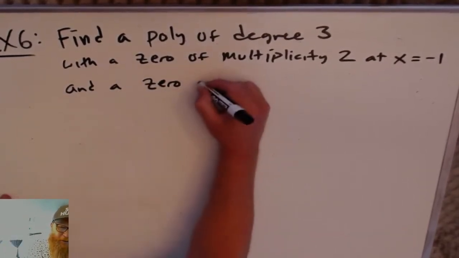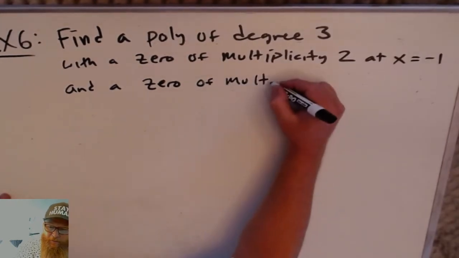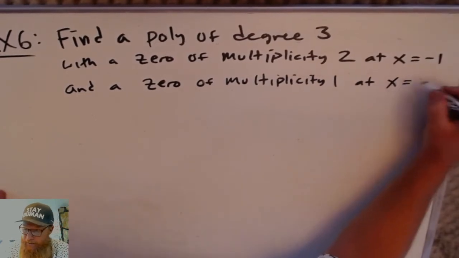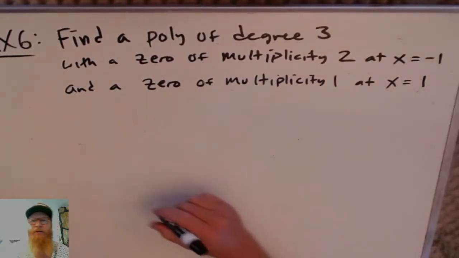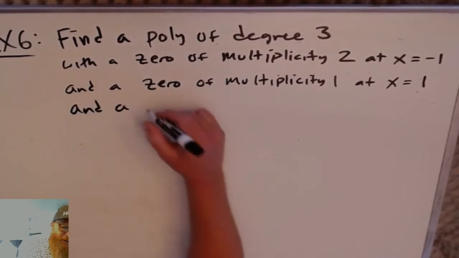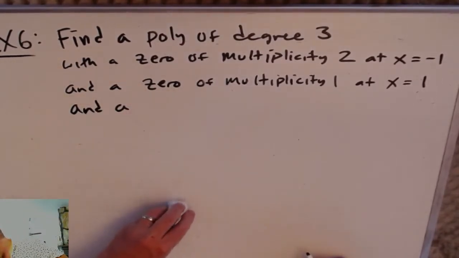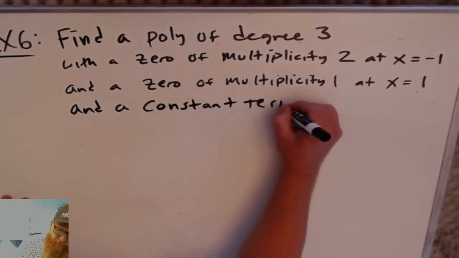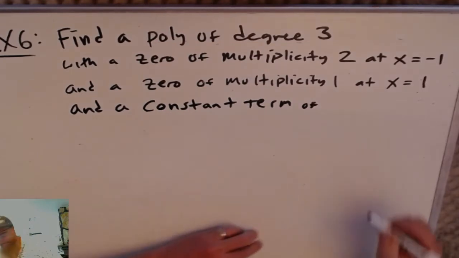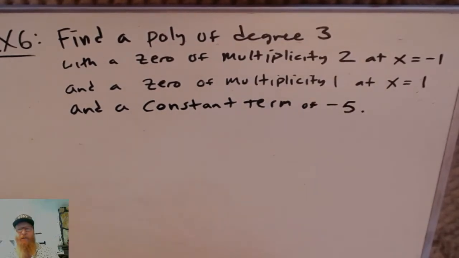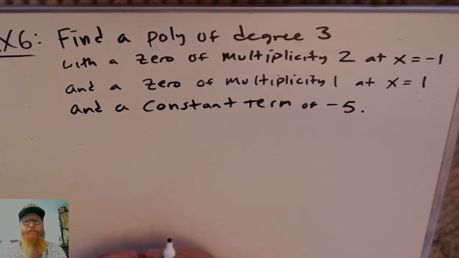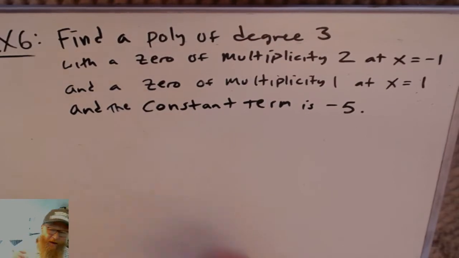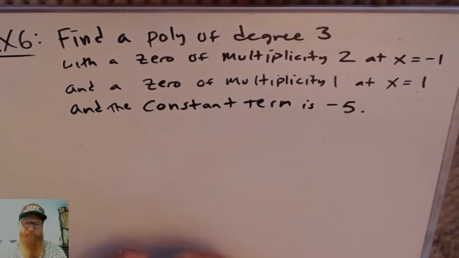And a 0 of multiplicity 1 at x equals +1, and a constant term of -5. Or maybe I'll say it this way. The constant term is -5. Tomato, tomato.